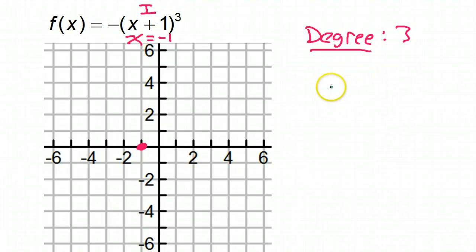That's odd, which means that it's a cubic. So it's going to have the n shape, either right side up or upside down. But because of the negative leading coefficient, that tells me that the end behavior will be like an upside down n, like this. So there's my end behavior.